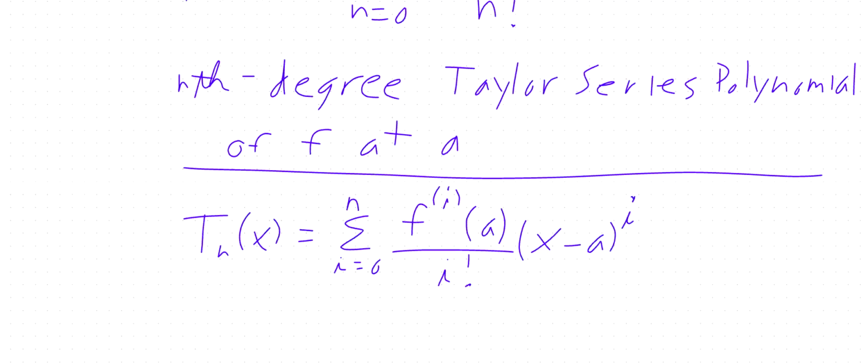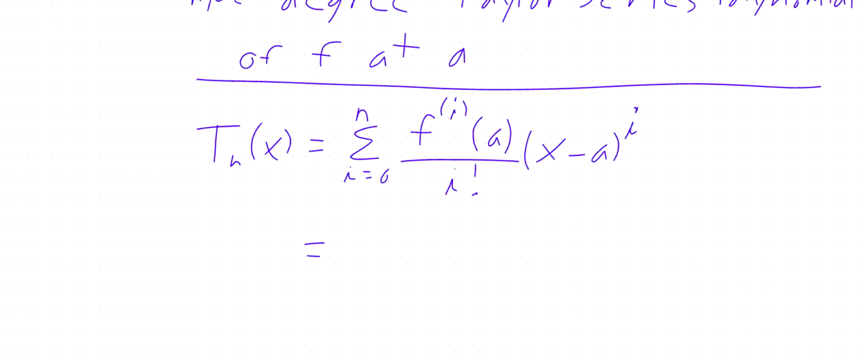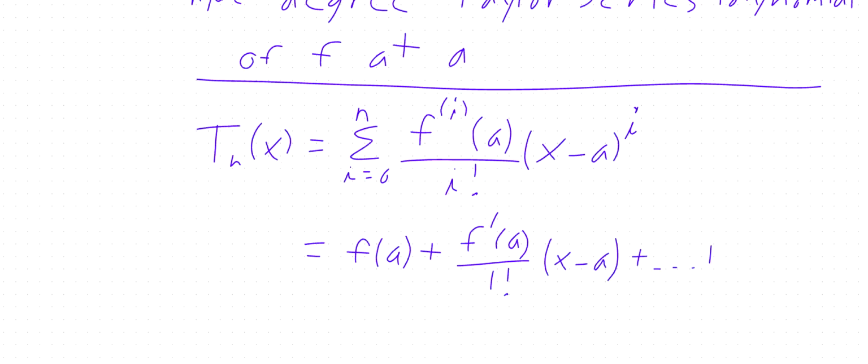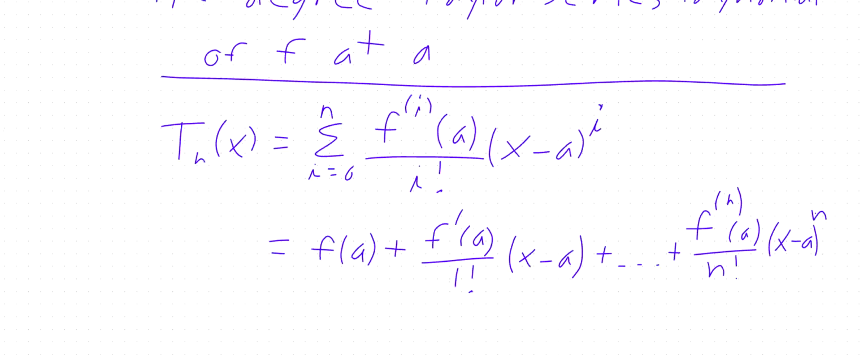So figuring this all out, we get our function at a plus our derivative at a over 1 factorial times x minus a plus, and then we keep on going until we get to the nth derivative. And we're going to stop there.